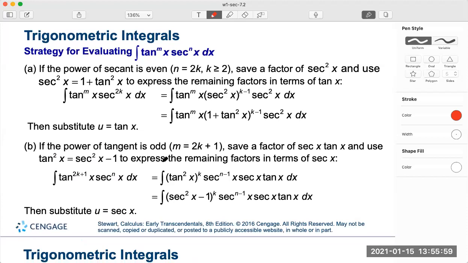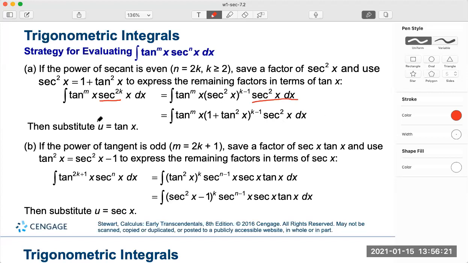So the same trick: if we have to compute the integral of tan to the m secant to the n, and n is an even number, then we can always rewrite it in this form.